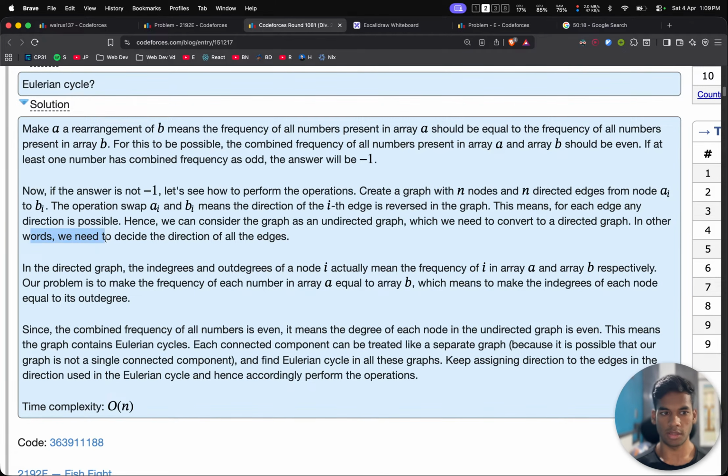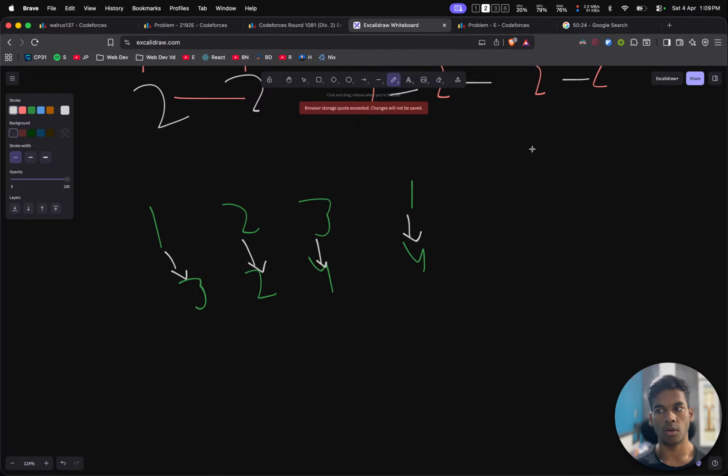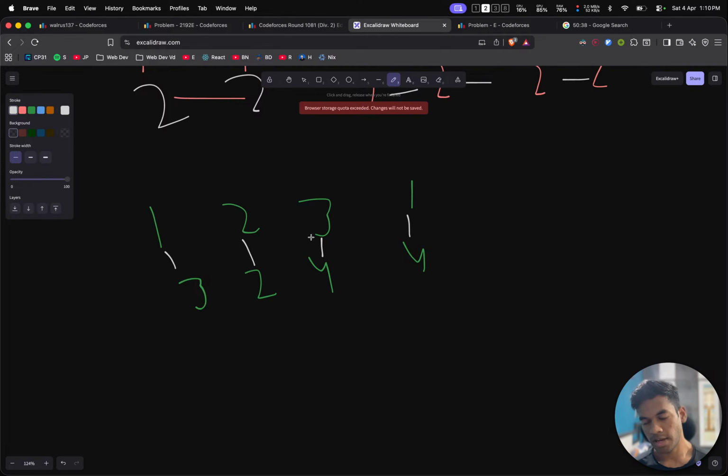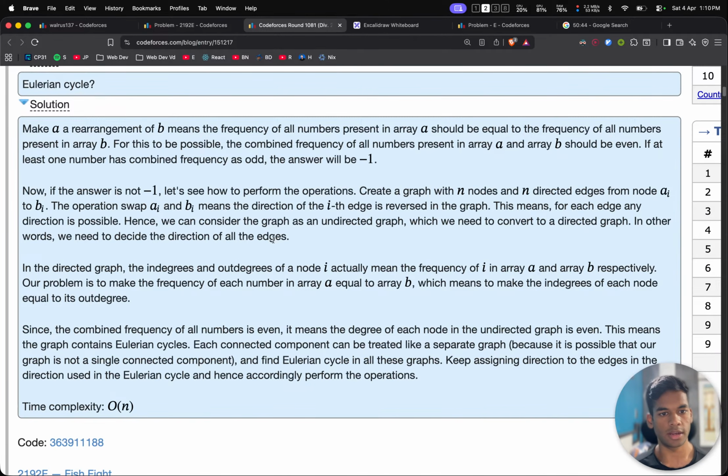In other words, we need to decide the direction of all the edges. Okay, so now we are supposing that initially we have an undirected graph, and our final answer would be to figure out the direction of these edges, which give us the correct answer.